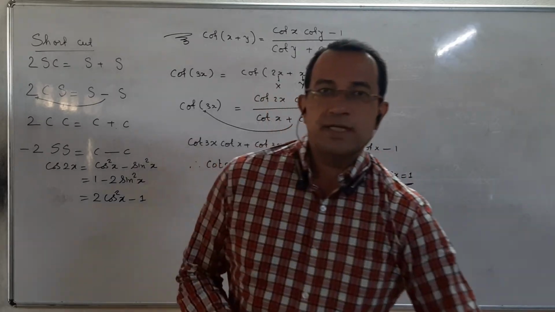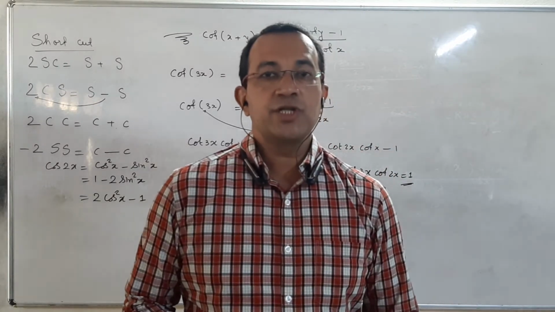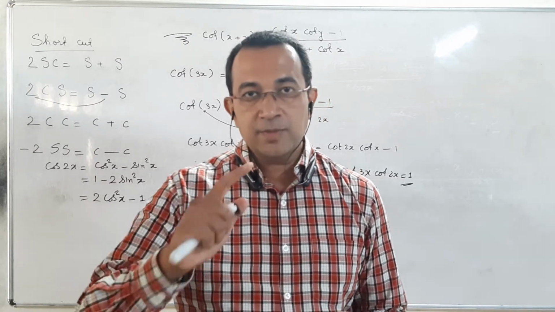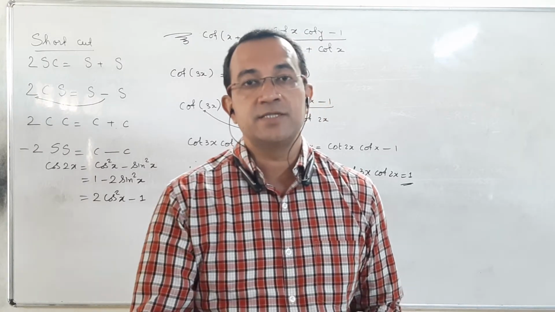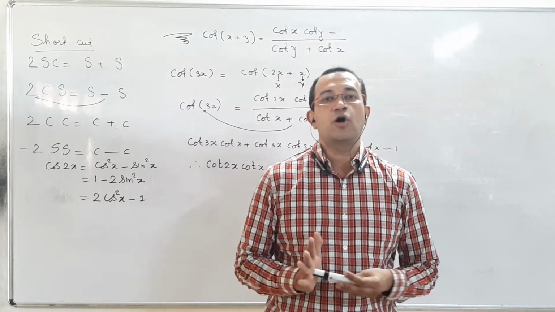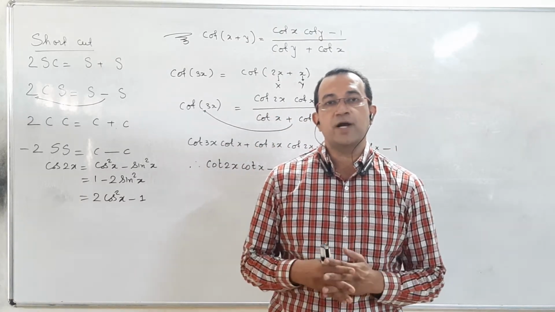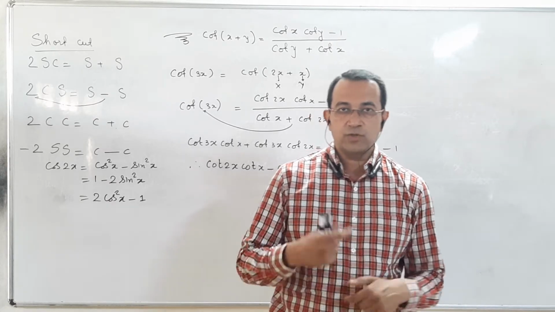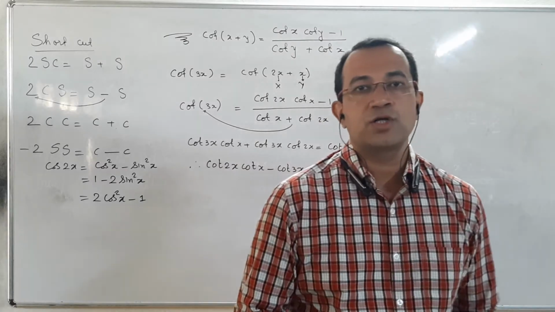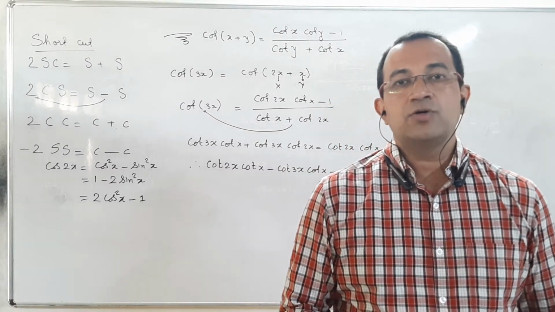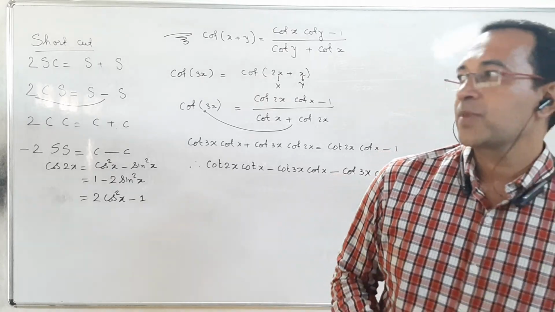So this is an exceptional sum where we have developed and proved the result based on the formula of cot(x + y). Students, this is an exceptional sum. We could have used the formulas of cot 2x and cot 3x and proved the right hand side as 1.